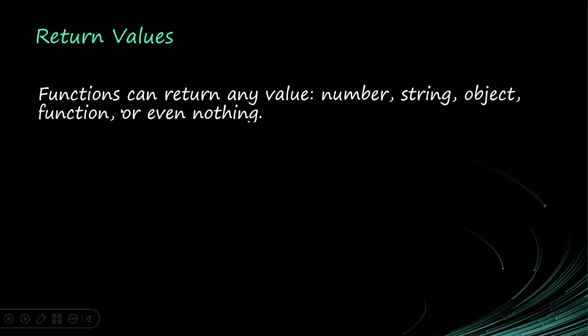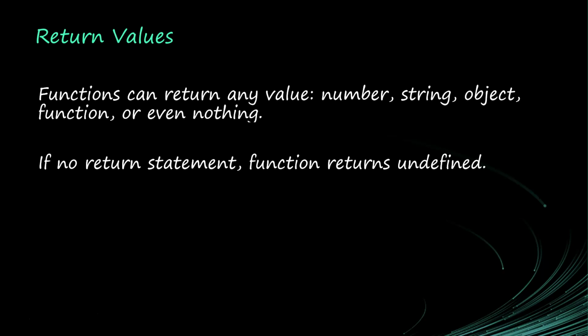Of course, I have shown you that a function can have a return value. Functions can return any value: number, string. You remember the first add function that I did, it returned the sum. You can return a number, a string, an object, you can even return other functions, or even nothing. When it's not returning anything, there is no need to use the return keyword.